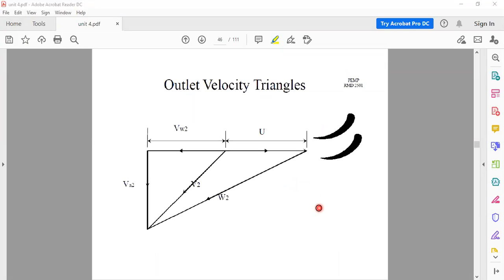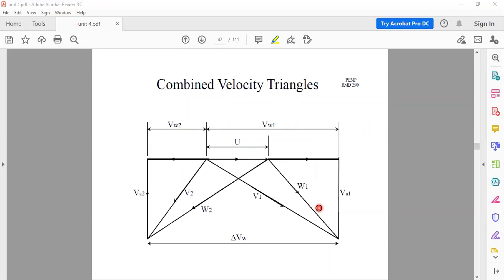Now see here, this is the outlet velocity triangle. Vw2 is the whirl velocity at outlet, U is the blade speed, Vr2 is the relative velocity at outlet, V2 is the absolute velocity at outlet, and Vf2 is the axial velocity at outlet.